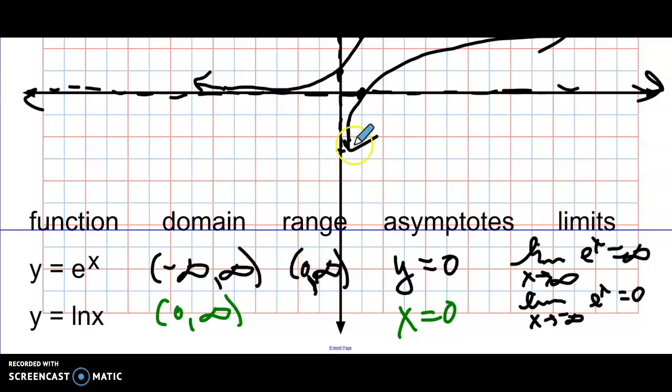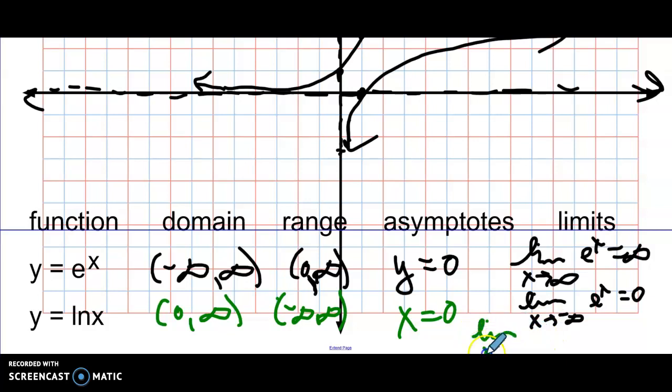The range, however, the y values, I can go way down here, I can go way up. The range is negative infinity to infinity. Of course, because they're inverses. So the domain of e to the x is the range of the natural log of x. The range of e to the x is the domain of the natural log of x. One of them has a horizontal asymptote, the other has a vertical asymptote, and these limits are switched.